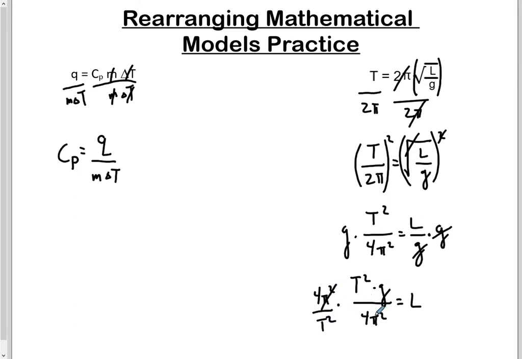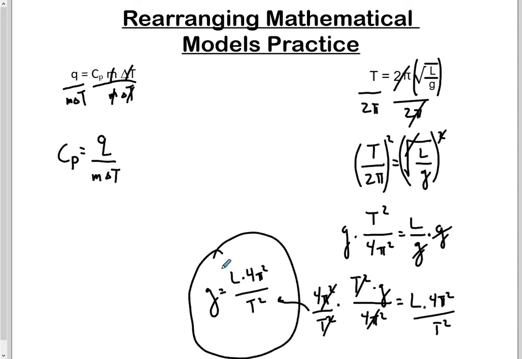That's going to get rid of that, and that, and that, and that. I got to do it over here. So 4 pi squared over t squared. And boy, oh boy, G is equal to L times 4 pi squared all over t squared.